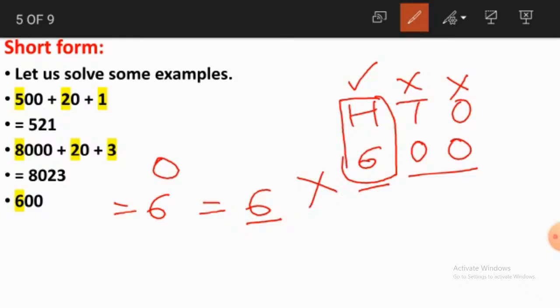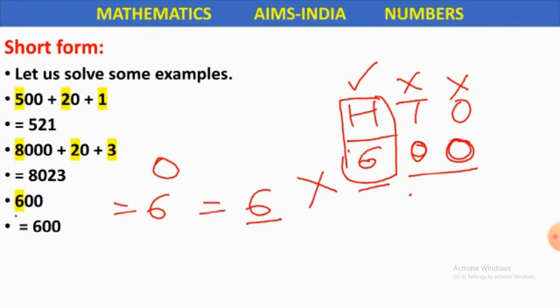So this will be your wrong answer. That is why you need to place zeros for tens and ones place, which will give you 6 in hundreds place. Now after doing this, the place value of 6 in your answer and in your question will be equal, and so you will get the correct answer, which is 600.